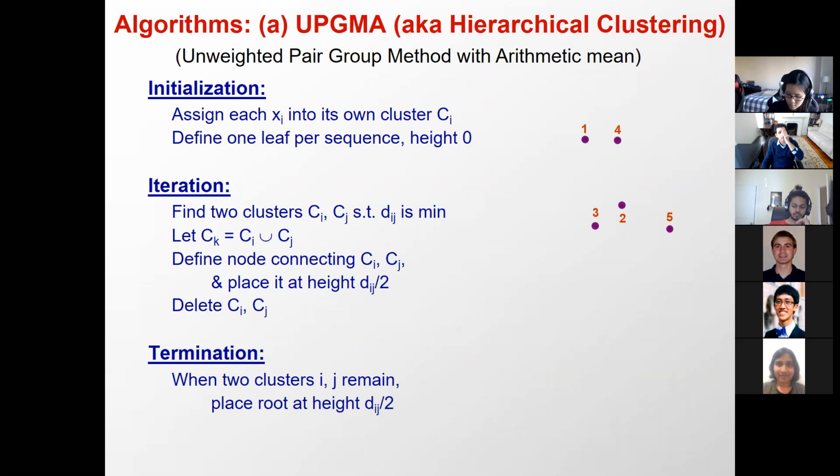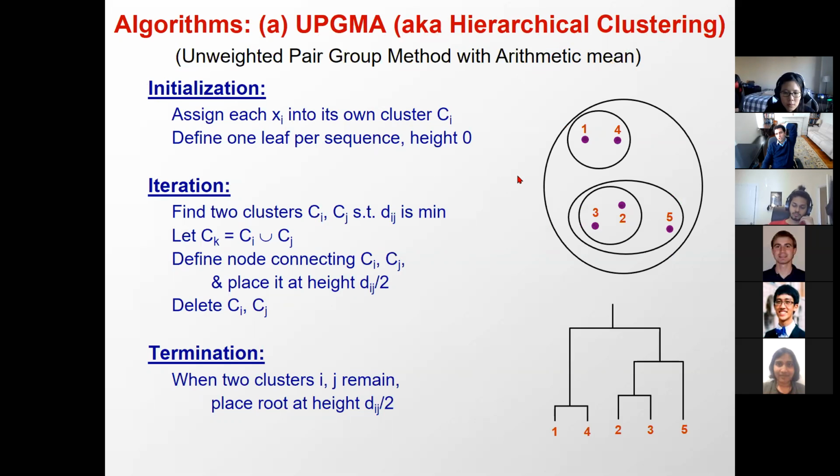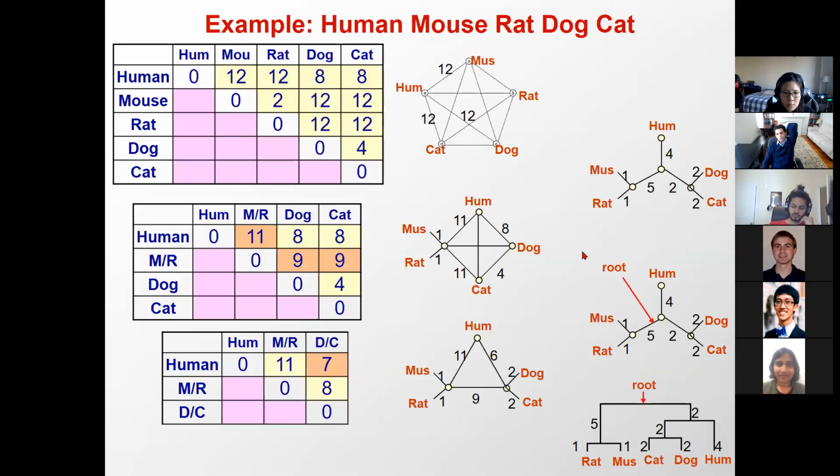Now that we have conditions for these distance matrices that tell us whether they are sampled from a tree or not, let's look for algorithms that reconstruct those trees. UPGMA, or hierarchical clustering, is the unweighted pair group method with arithmetic mean. The procedure is identical to what we had seen in the hierarchical clustering method.